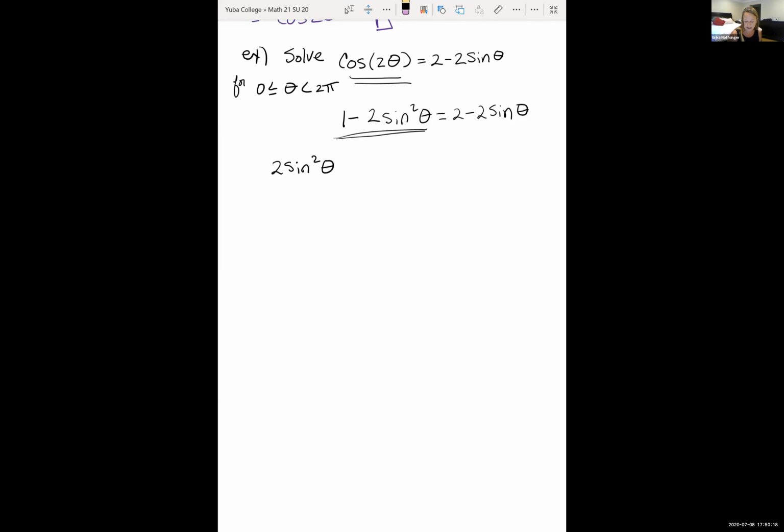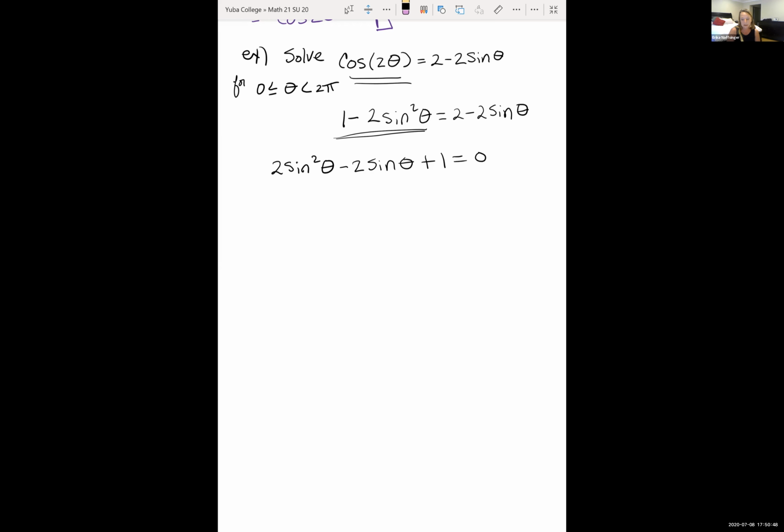And then let's subtract 1 on both sides, so subtracting 1 from this 2 on the other side, that would be plus 1. And then we still have this minus 2 sine theta. I'm going to rewrite it in descending order of powers: 2 sine squared theta minus 2 sine theta plus 1.